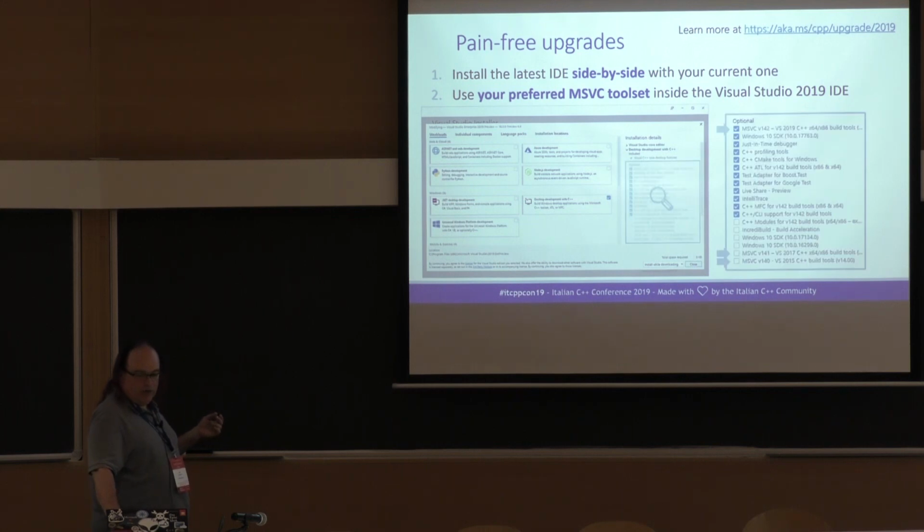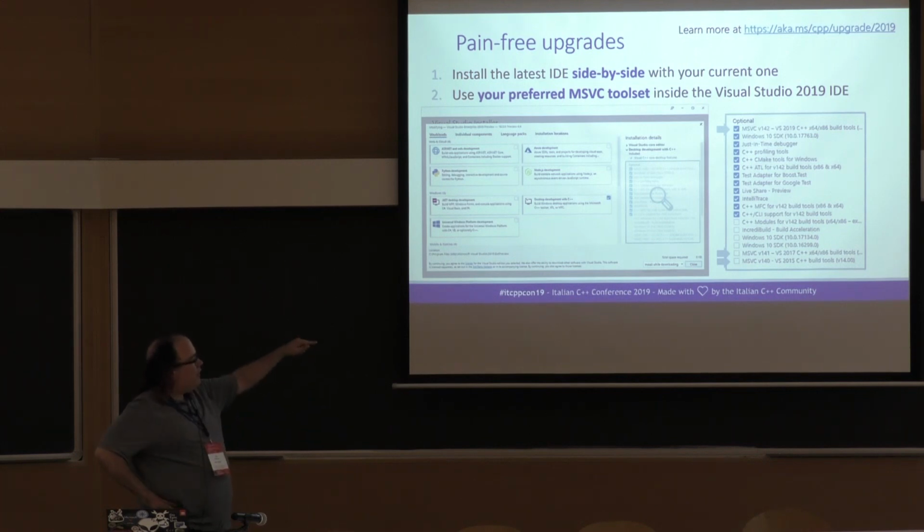We're also making it possible so that you can use your preferred MSVC toolset with 2019. You can see there in the options, we're installing by default the current MSVC toolset, 142, but you can actually install the 141 or the 140 toolset as well. You don't need to install the old version of Visual Studio just to get the toolset. You can install the new one and install the toolset.